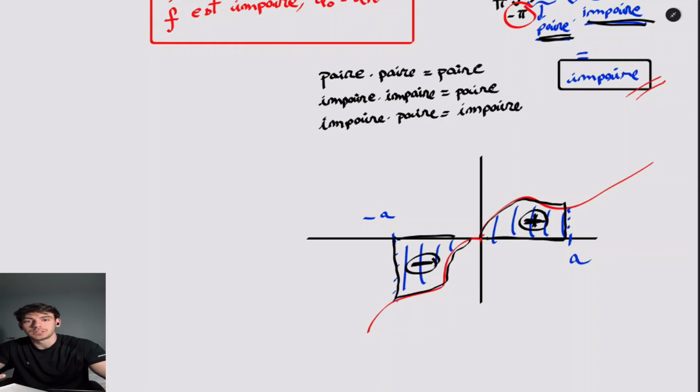So you will reach 0. That's why if you integrate an odd function on a symmetric interval, you'll have 0 as a result.